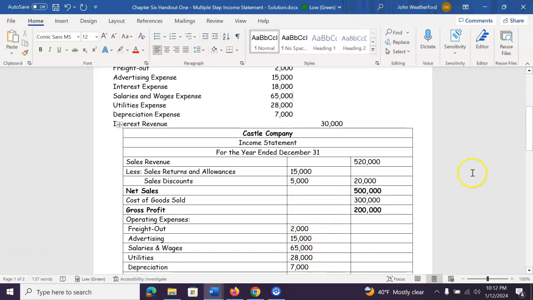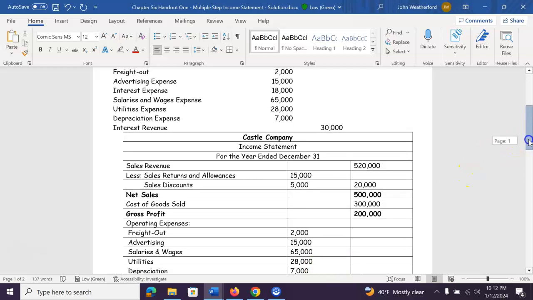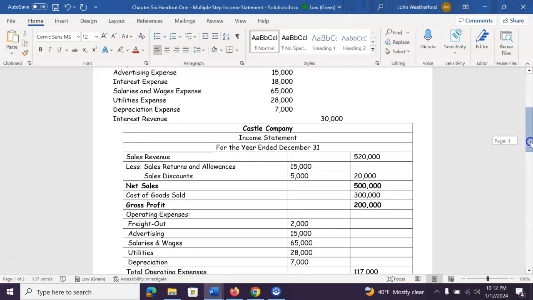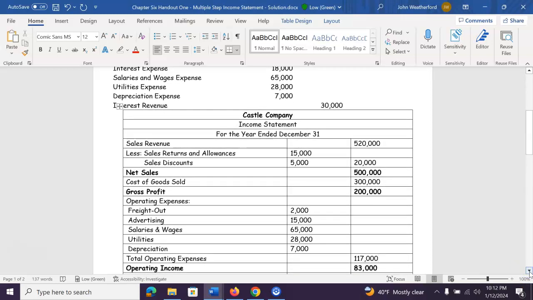Now we're going to total these and list total operating expenses over in the right-hand column. And that has to be deducted from gross profit to come to our next amount, operating income.